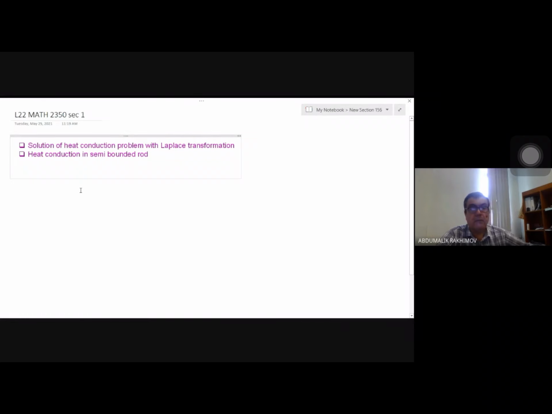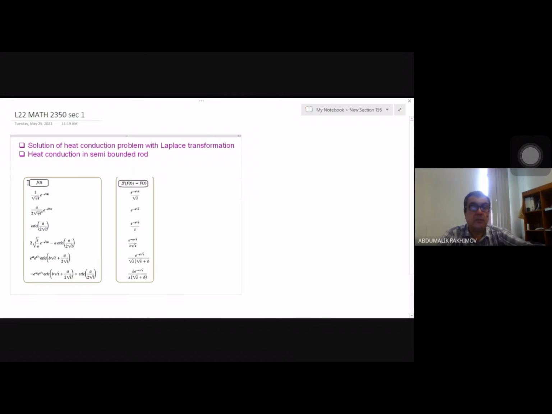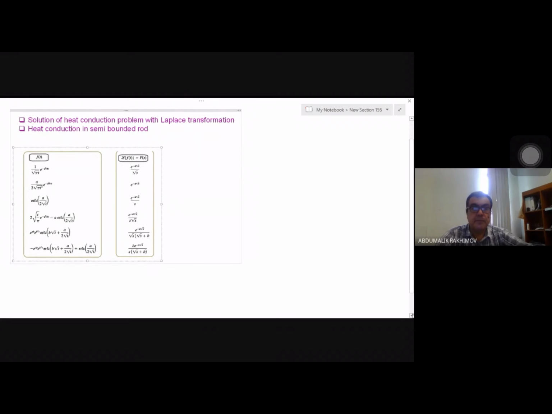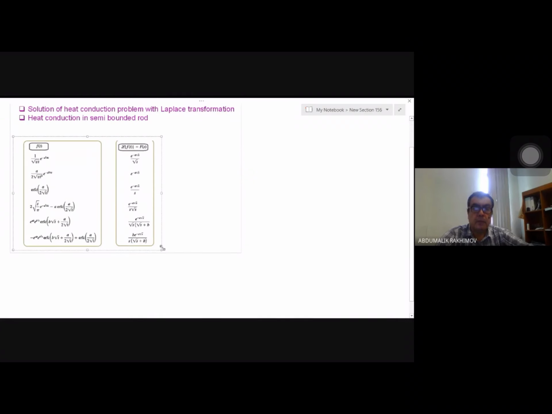Before this, I want to add some more formulas for Laplace transformation. If you remember previous class, I gave you about 36 formulas for Laplace transformation, but we need some additional formulas today. These formulas are for Laplace transformation. On the left side is the original function.